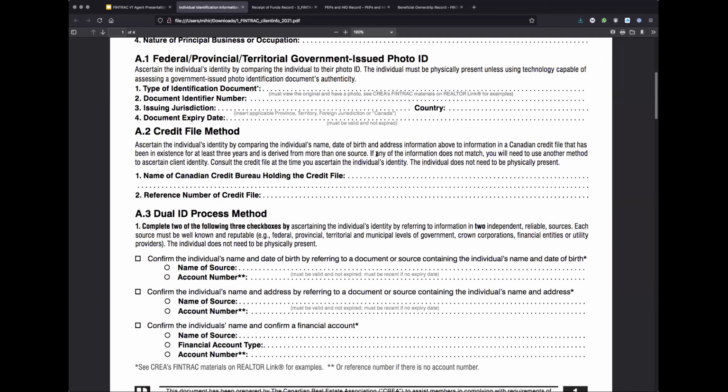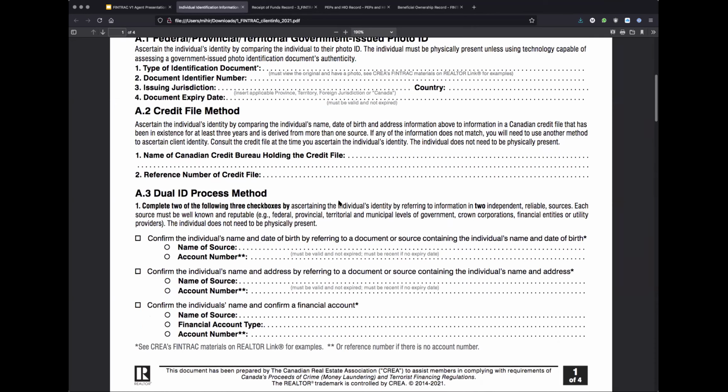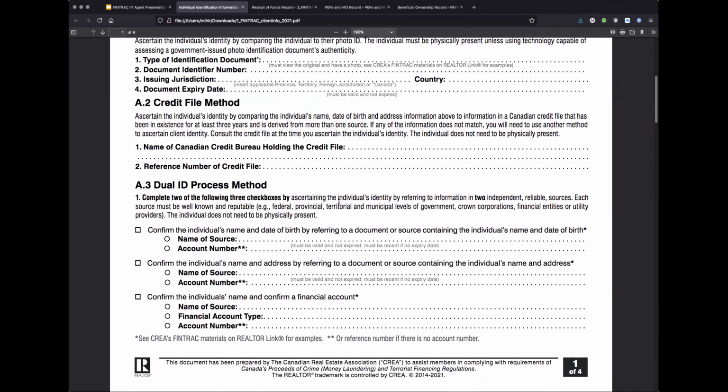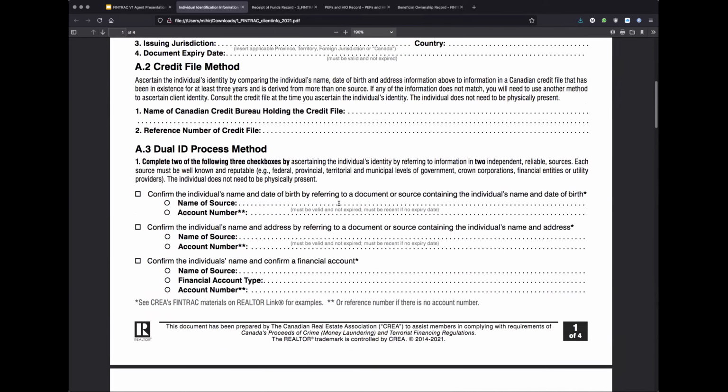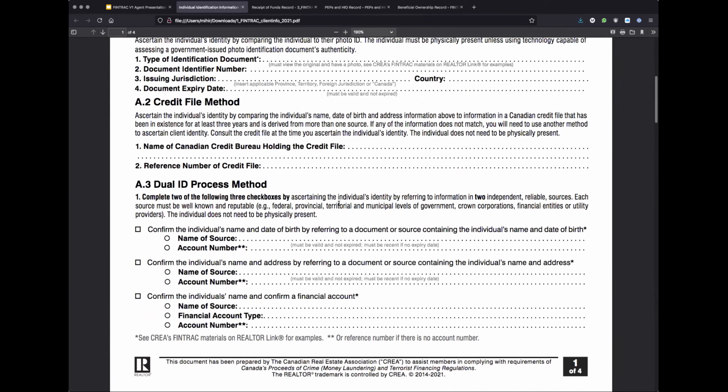A.3 is the dual ID process method. You must confirm two pieces of ID, independent pieces of ID, for this section to be validly completed. Now, these pieces of ID can be non-photo ID documents.